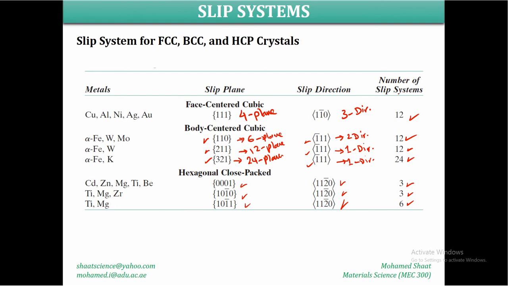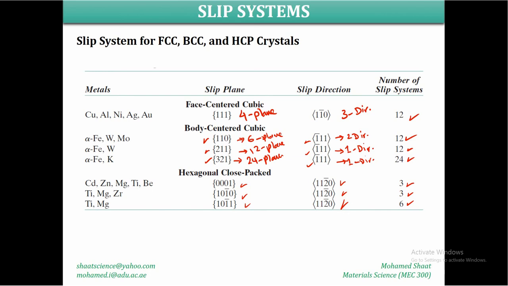What does this mean? This means that in case we have a material with a hexagonal close-packed or hexagonal crystal structure, achieving plastic deformation within this material will be difficult in comparison to any material with a BCC crystal structure or even FCC crystal structure.